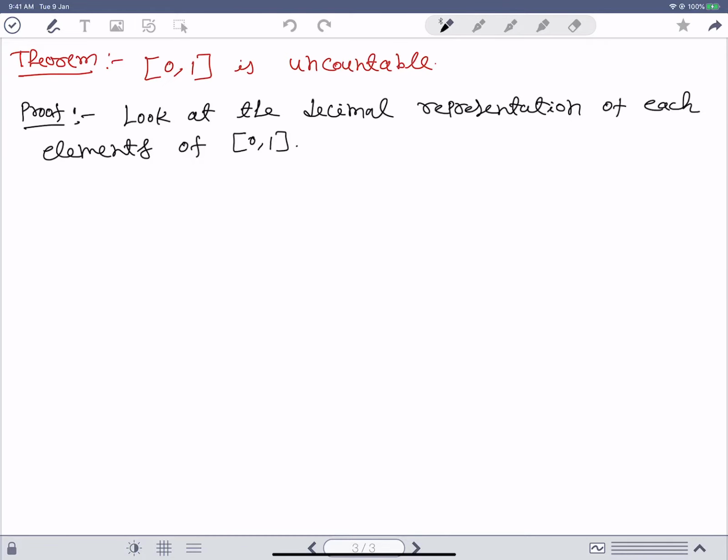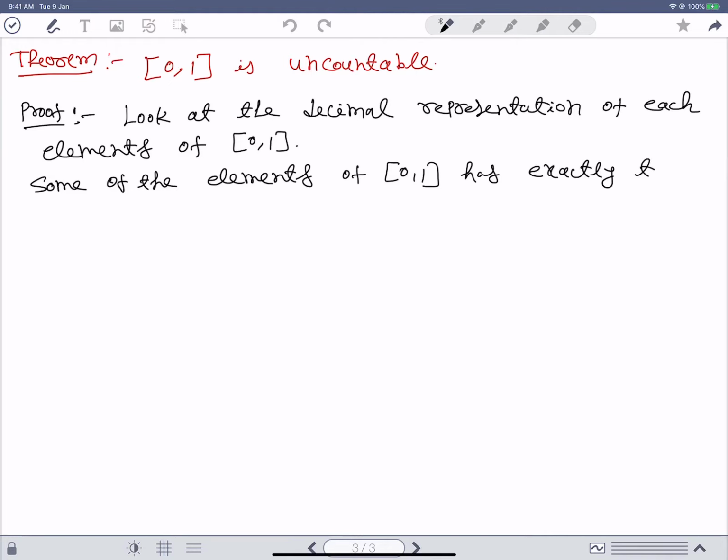Now look, most of the elements from the closed interval 0 1 have a unique decimal representation, but some of the elements, in fact a countable number of elements, do not have a unique representation. Some of the elements of 0 1 have exactly two representations.